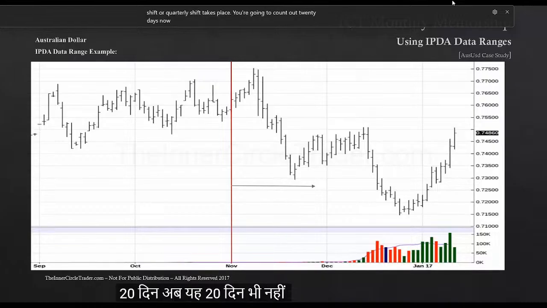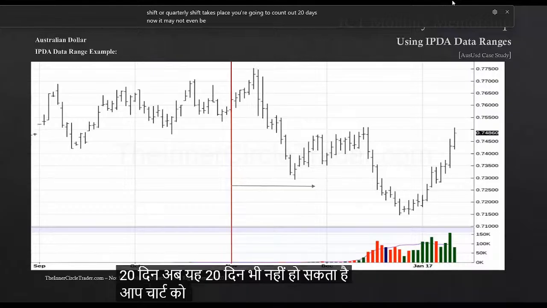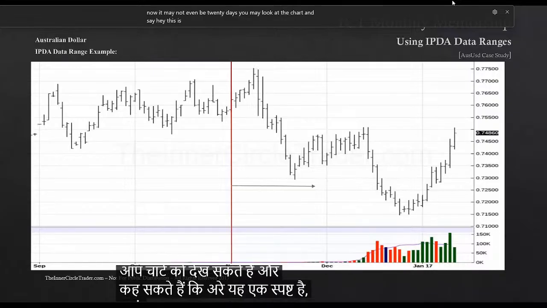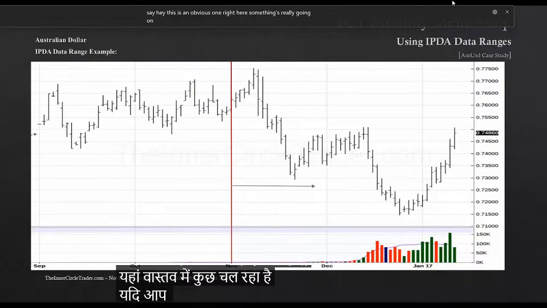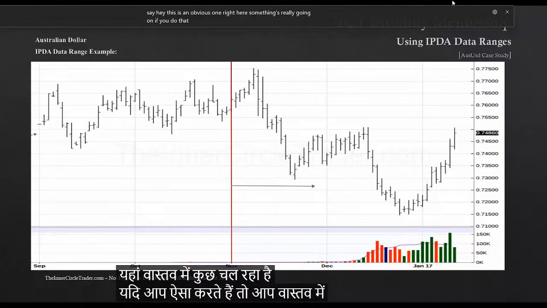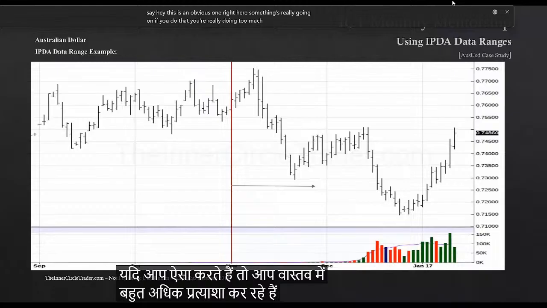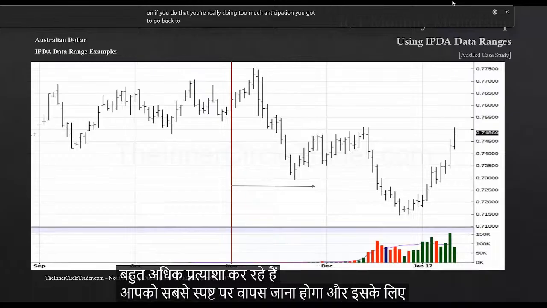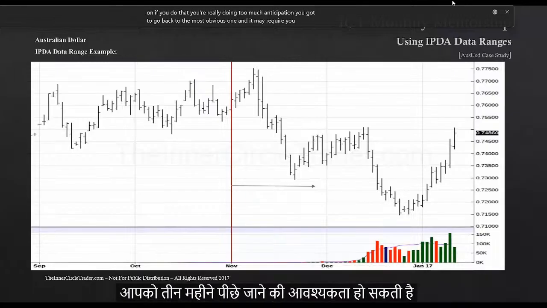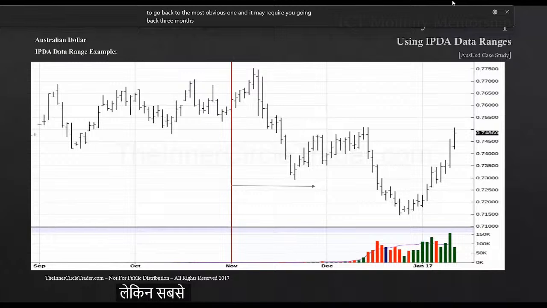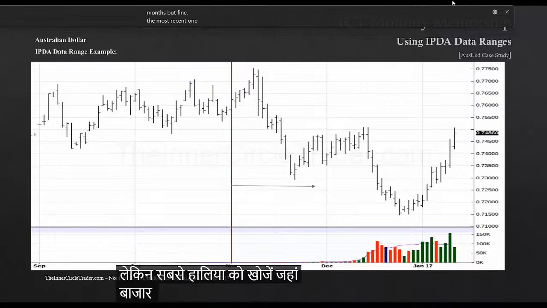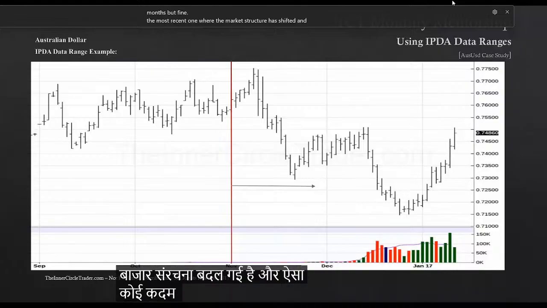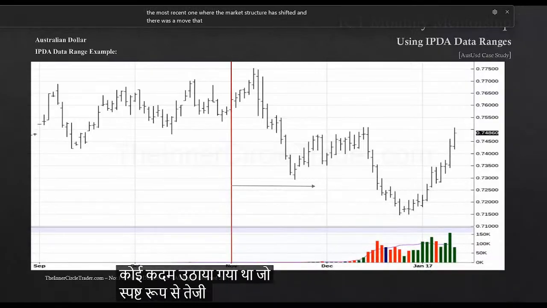Now, it may not even be 20 days. You may look at the chart and say, hey, this is an obvious one right here, something's really going on. If you do that, you're really doing too much anticipation. You've got to go back to the most obvious one, and it may require you going back 3 months. But find the most recent one where the market structure has shifted and there was a move that took place that was obvious, bullish or bearish.